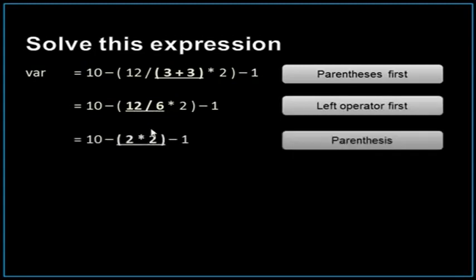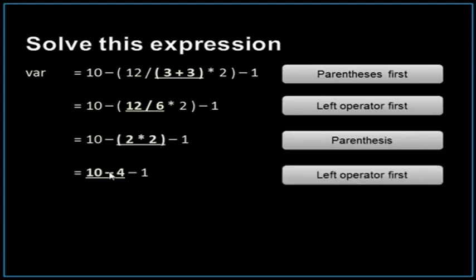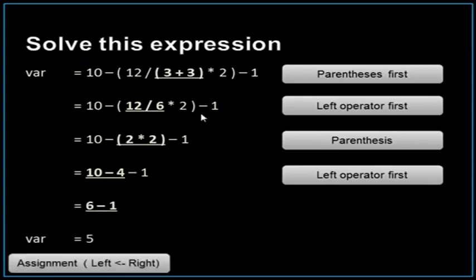Then the parentheses, again the left operator first, right? Because minus and minus enjoy the same priority, so the left operator first, because the associativity of minus is left to right. And done. Var equals 5. Now 5 will be assigned to var.